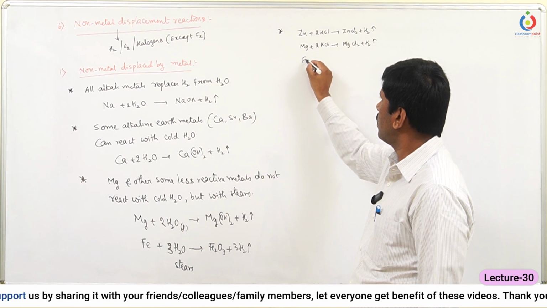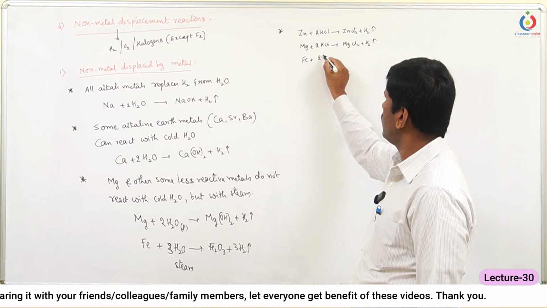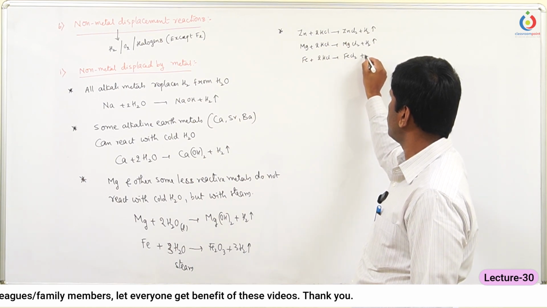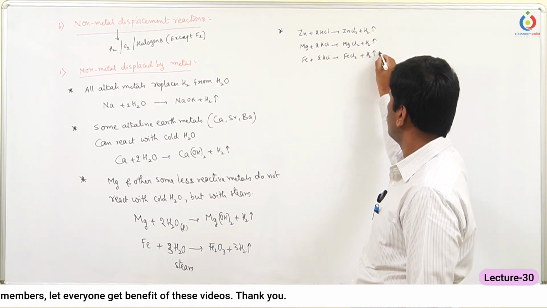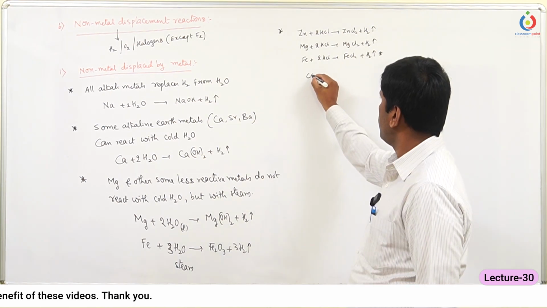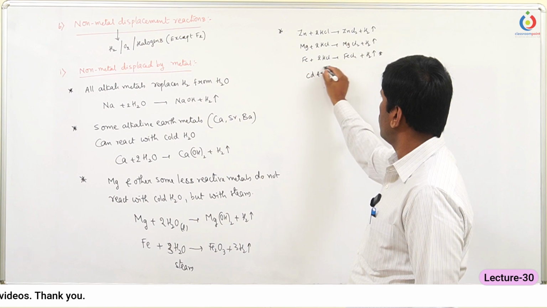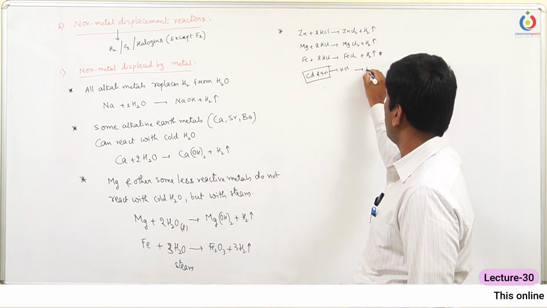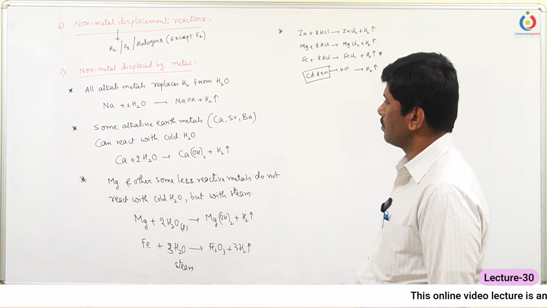What about iron? Iron on reaction with hydrogen chloride forms FeCl2, not FeCl3, remember that. So it forms the hydrogen gas. Similarly, cadmium and tin also react with the acids and liberate the hydrogen gas.